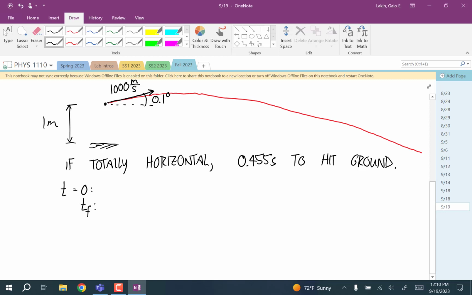What's going to be time equals 0? Yeah, that's the instant that it's fired. And what's going to be time final? Yeah, the instant right before it hits the ground.